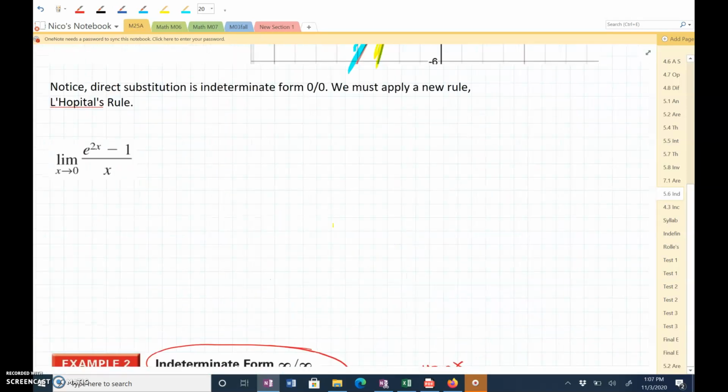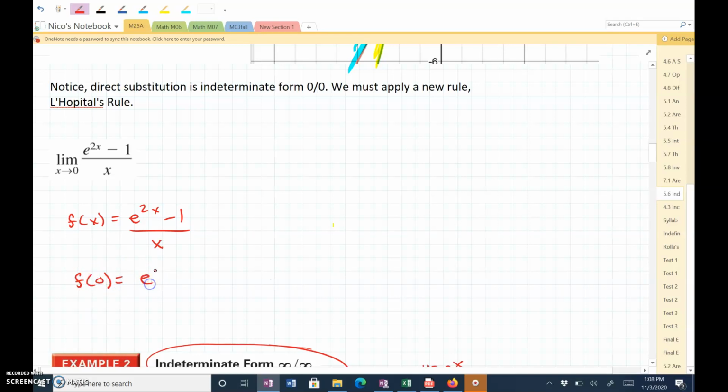Okay, notice direct substitution is indeterminate. So if we tried direct substitution for this problem, let's say f of x equals e to the 2x minus 1 all over x, we'd get e to the 0 power minus 1 all over 0, which would be 1 minus 1 over 0, which would be 0 over 0, which is indeterminate. So since that doesn't work, we can try L'Hopital's.